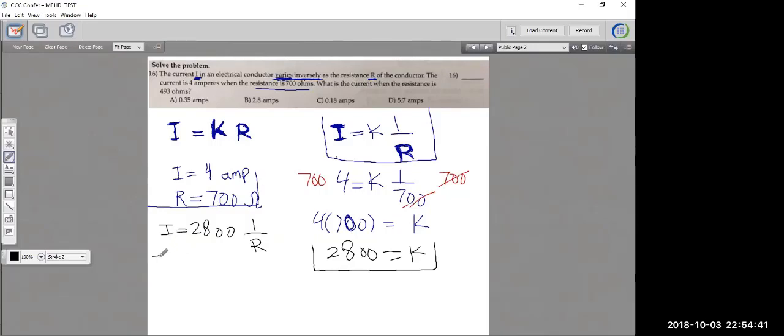It's pretty simple, right? So I is equal to 2800. I'm just going to replace R with 493. Okay, those of you with the calculator, you can go ahead and use your calculator for that, right? All right, let's bring the calculator out.